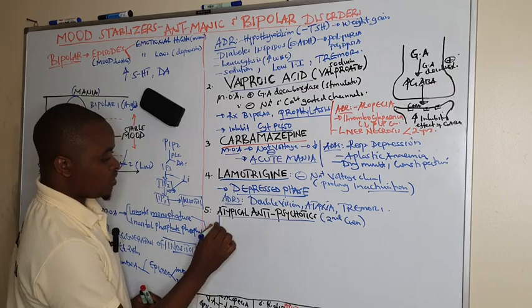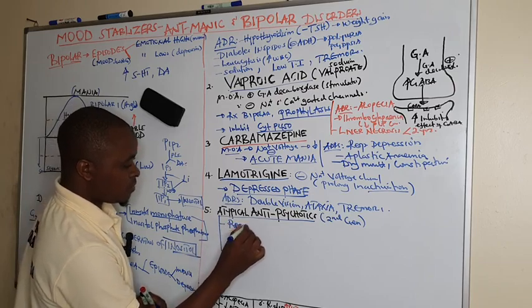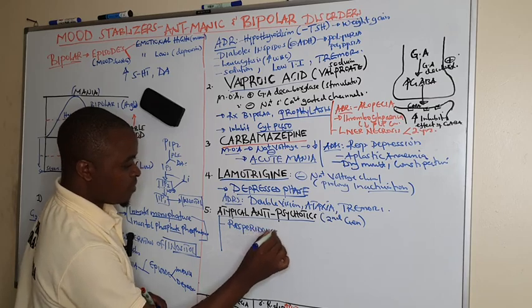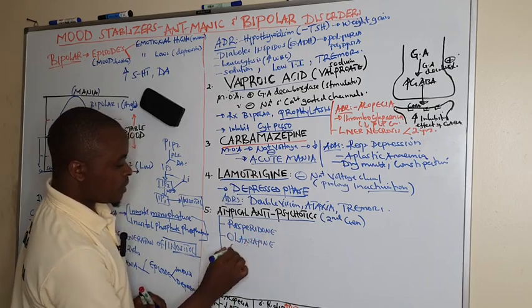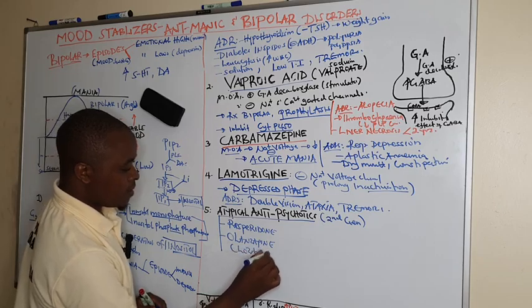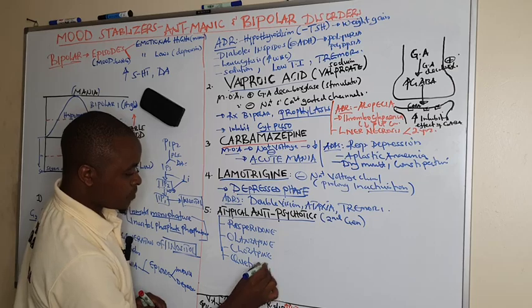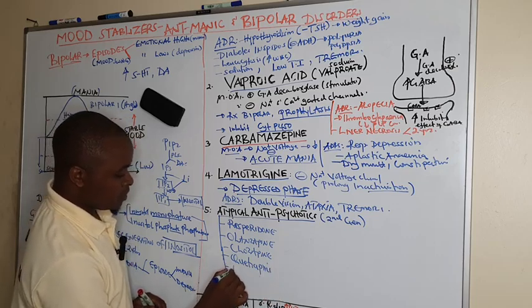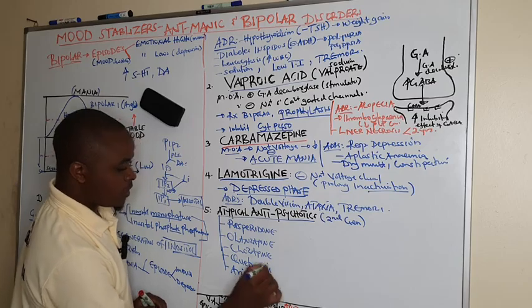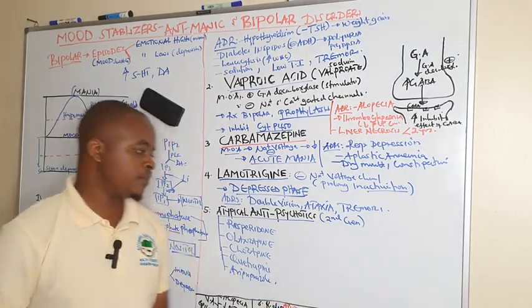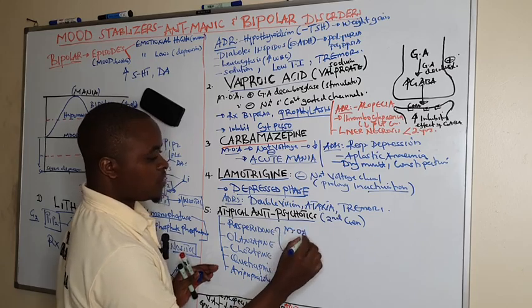These second generation antipsychotics include risperidone, olanzapine, clozapine, quetiapine, and aripiprazole.